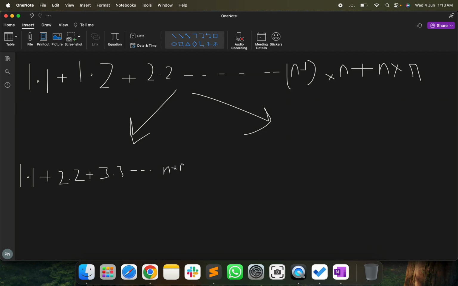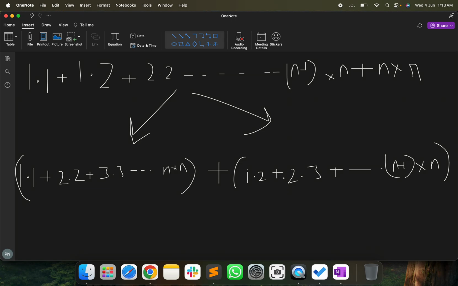This is the first equation, and we are going to add it with the other equation, which will be 1 into 2 plus 2 into 3 plus, and so on till we reach n minus 1 into n. So we have made two different equations, and now we can solve this.